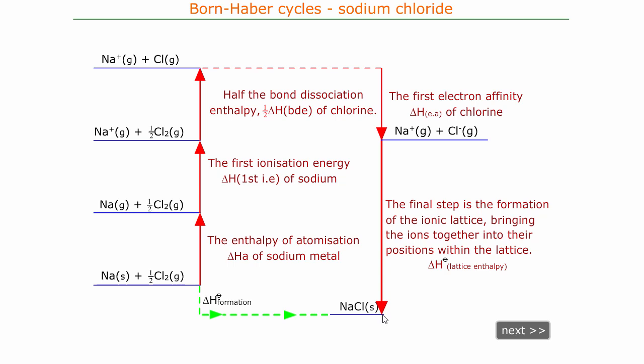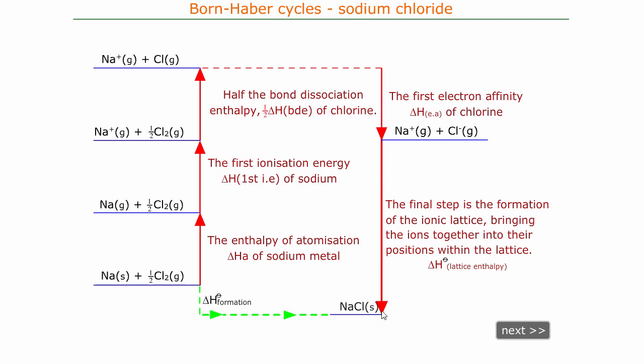Likewise, if we wanted to know the enthalpy of dissociation of the lattice, that means going from here, sodium chloride solid, up to sodium and chloride ions. Well, we would calculate the negative enthalpy of formation plus the enthalpy of atomization plus the first ionization energy plus half the bond dissociation enthalpy of chlorine plus the first electron affinity.